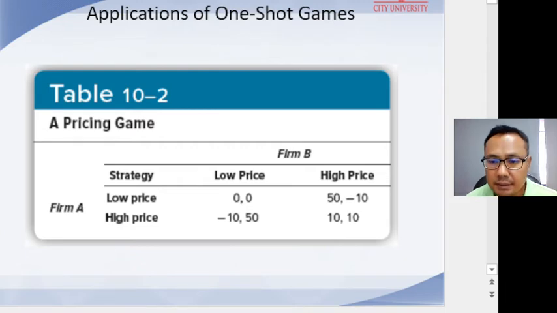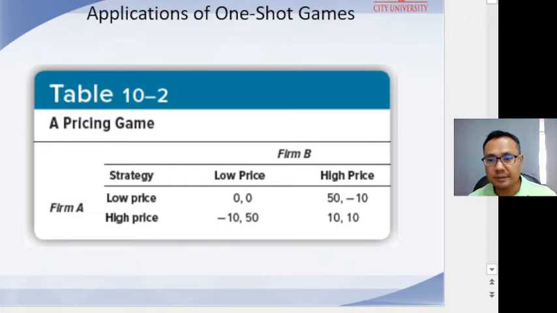In particular, note that the profits of both firms are higher when both charge high prices than when they both charge low prices, because in each instance consumers have no incentive to switch to the other firm.